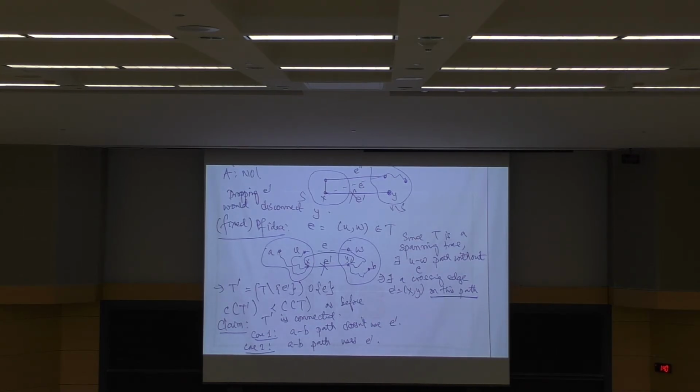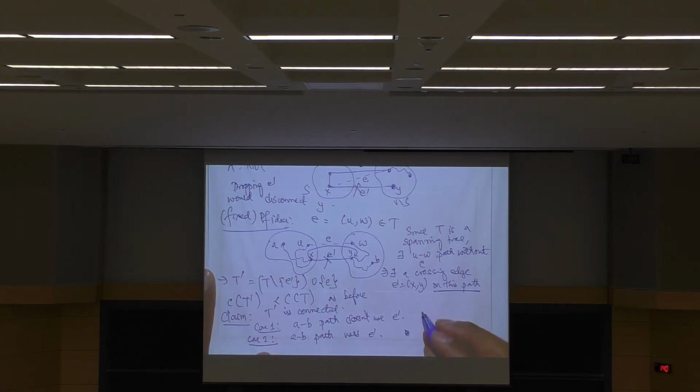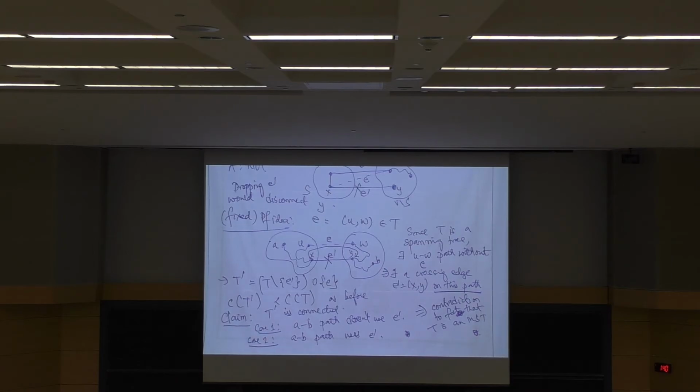This finally proves that the set of edges T prime is connected, and so this implies a contradiction to the fact that T is an MST. And now we're finally done.